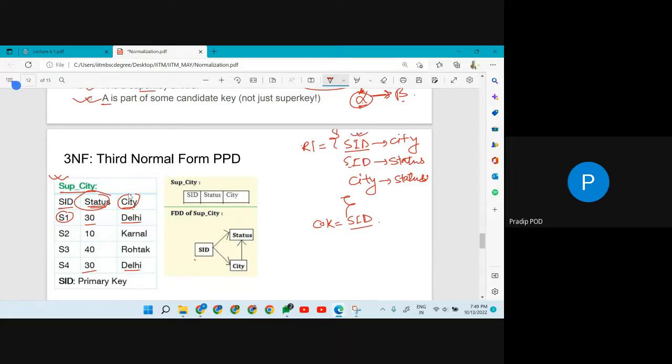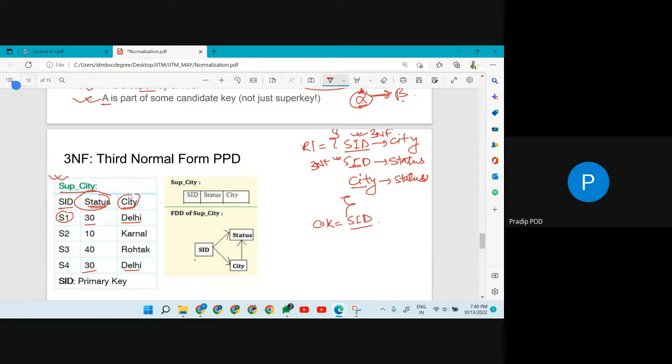Then you have to check the next one, SID to status. Again, this satisfies the second condition. The left hand side is a super key, so this is also in third normal form. Now check city to status. Is the left hand side, city, a super key?